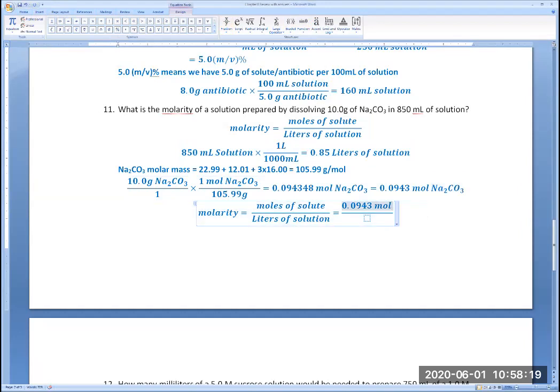The liters, we have 2 sig figs, so that's okay. 0.85 liters, right? That's given there. And we have 2 sig figs in the liters here and 3 sig figs in the moles. So we will keep 2 sig figs in the end.